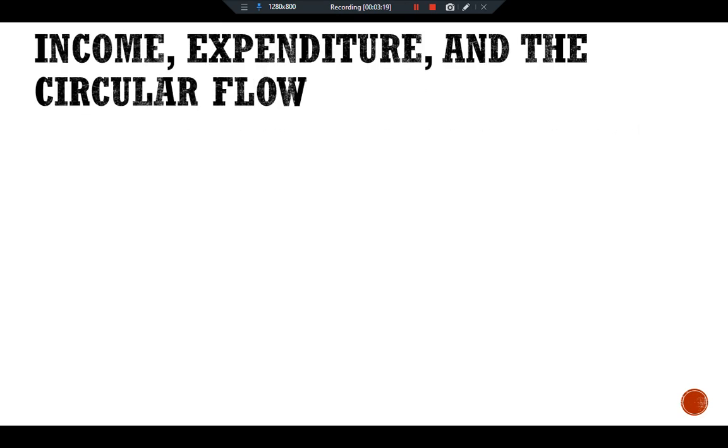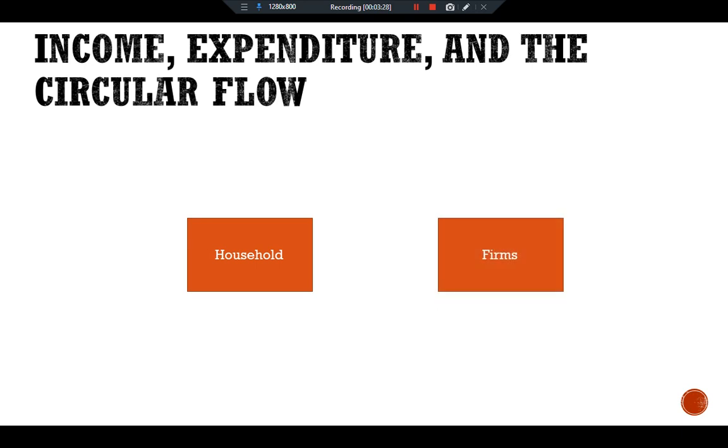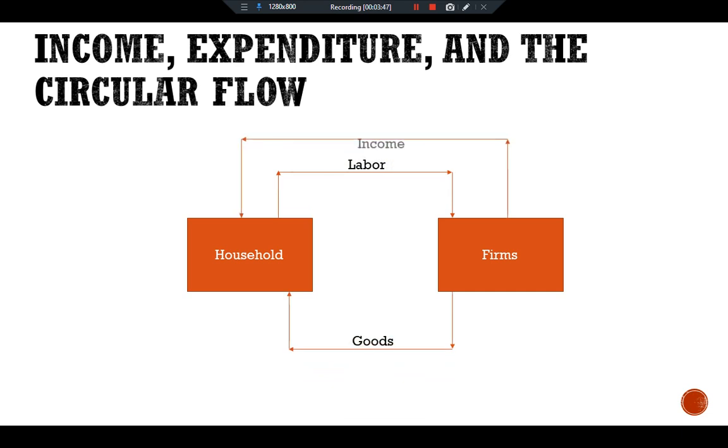Here we have the example of income, expenditure, and the circular flow. Imagine an economy that produces a single good, bread, with a single input, labor. Here we illustrate all the economic transactions that occur between households and firms in the economy: we have the labor and the goods, and we have income and expenditure.